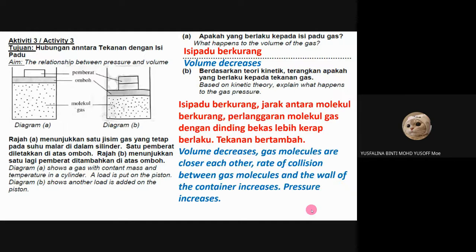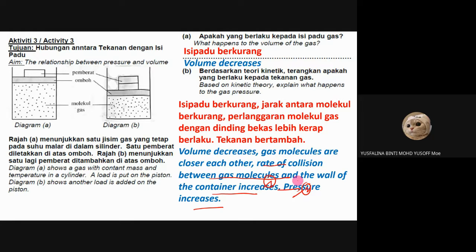This one is the more proper one. But in the exam, if you answer like this, you also already get marks. Volume decreases, gas molecules are closer to each other, so the rate of collision between gas molecules and the wall increases, 1 mark. And you already said pressure increases, 2 marks.